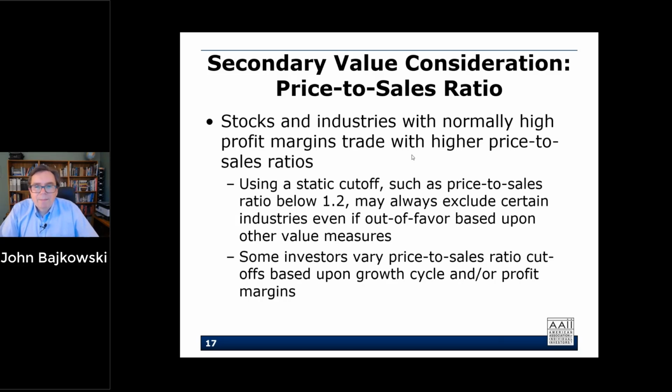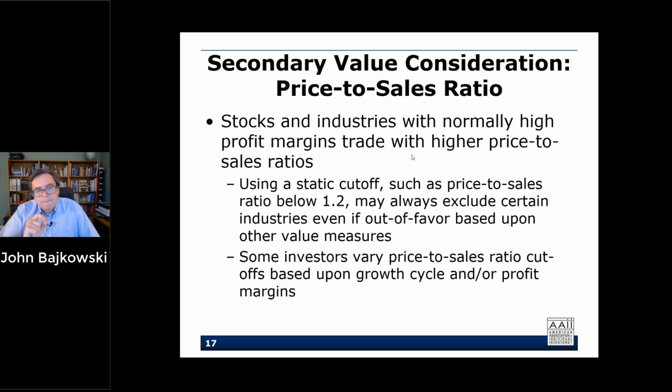But the problem that I found personally with price to sales is that you can't just screen for low levels, because companies that have high profit margins typically trade, and deserve to trade, with higher price to sales ratios, because they take every dollar of sales and convert it into a higher dollar value of earnings.